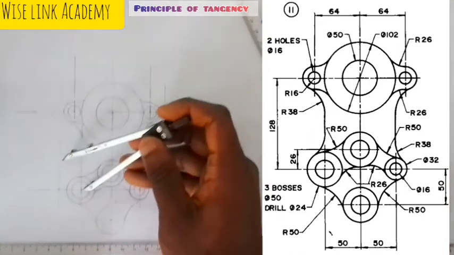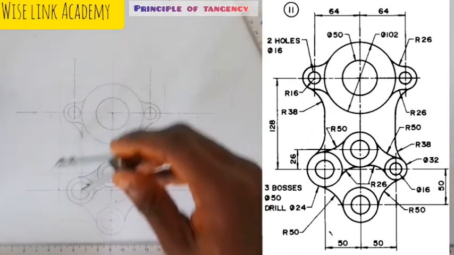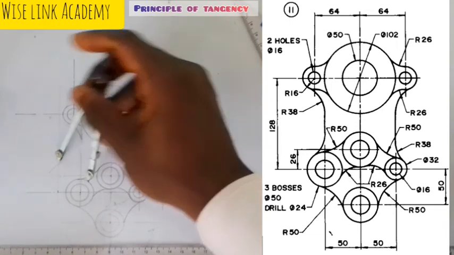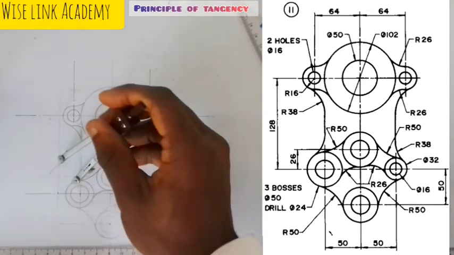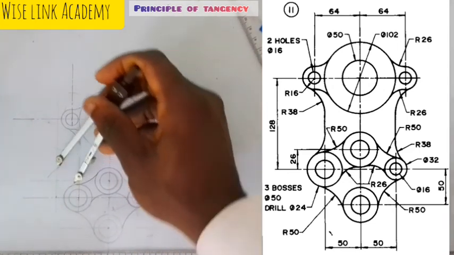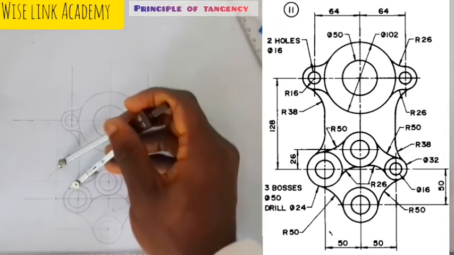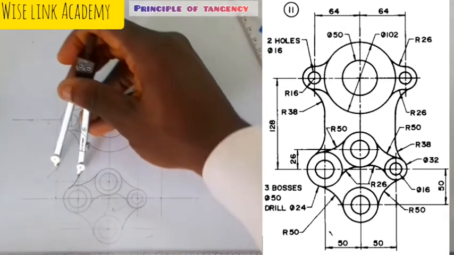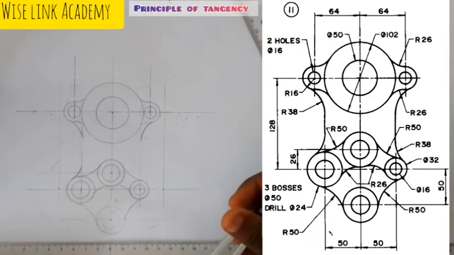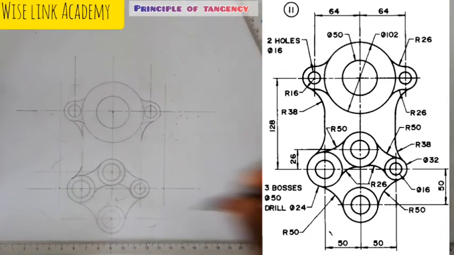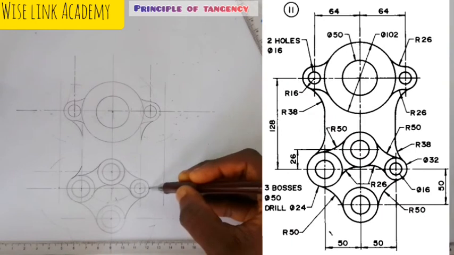Put at this point here, strike an arc. When it cuts that 19 line I have established, gauge it. So if I gauge it, I will have this.